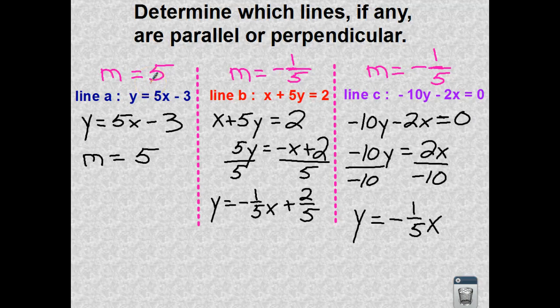So line A is not parallel to line B or C. However, if I look at line B slope, see that it's negative 1/5, and line C is also exactly negative 1/5, we can make a statement: line B is parallel to line C because they are identical slopes.